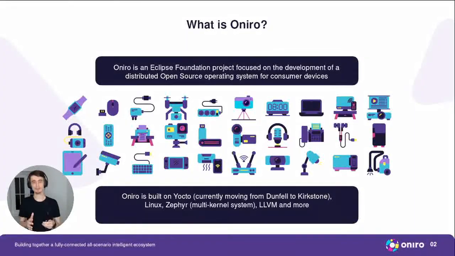Oniro is an Eclipse Foundation project focused on the development of an open source operating system for consumer devices, no matter the make, the brand, or the model. Partners can reuse existing primitives, components, software stacks in building their own products.